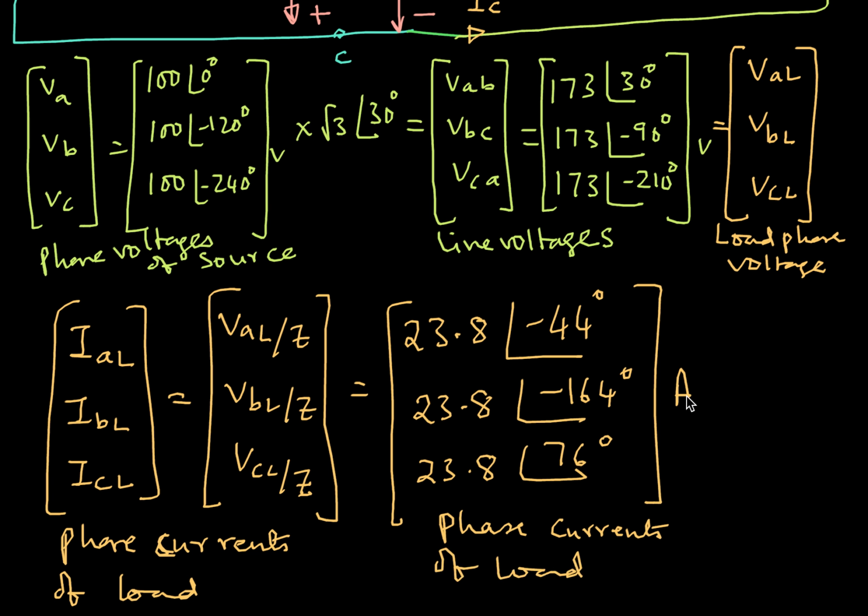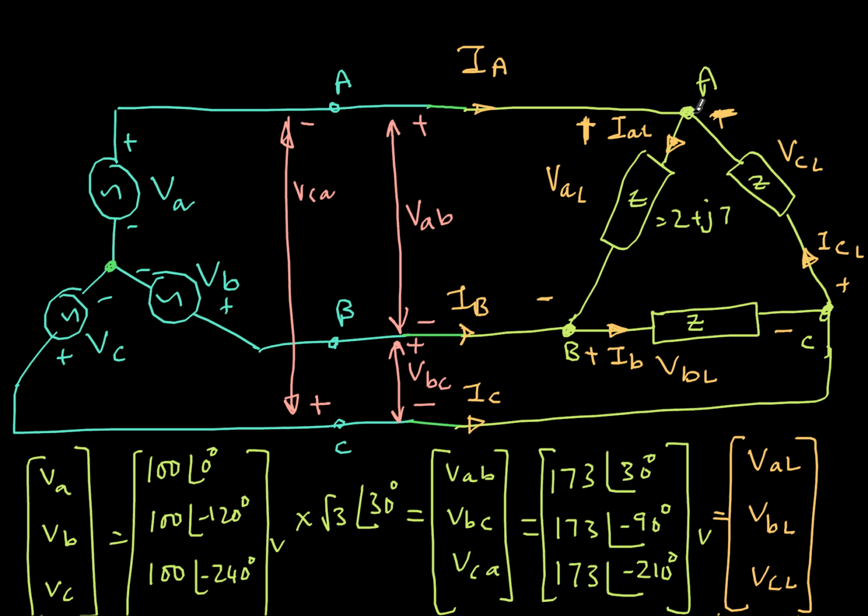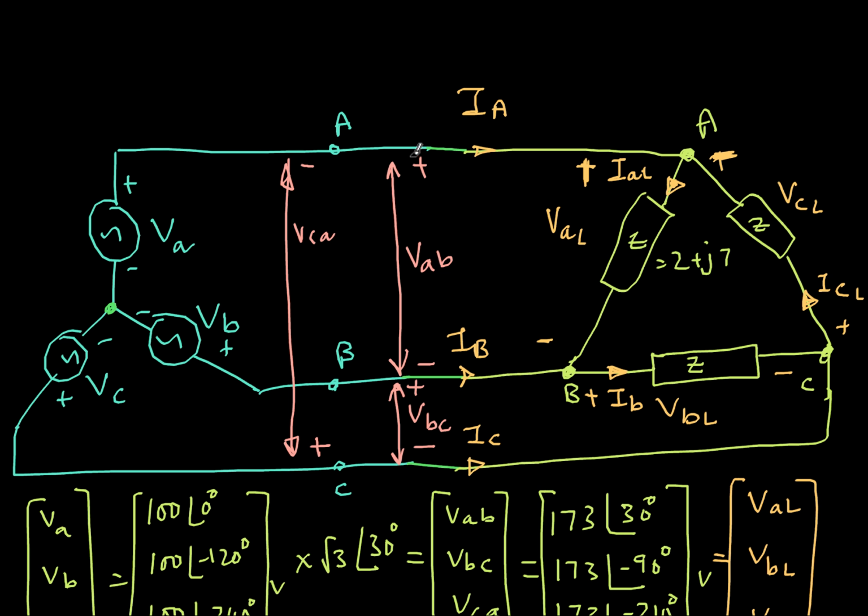Now finally I want to find the line currents. So just go up and apply KCL. At this node, if I apply KCL, then IA is the incoming current, ICL is the incoming current, and IAL is the outgoing current. So the sum of incoming currents equals the sum of outgoing currents.